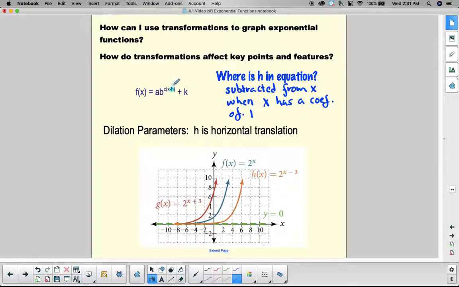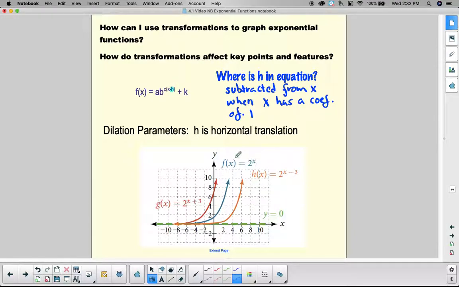That is how you find h. So x minus h, in the polynomial unit, we'd say is a proper factor. In that exponent you want a proper factor, x minus h, and h is the horizontal translation parameter.